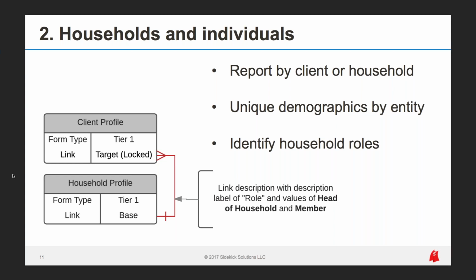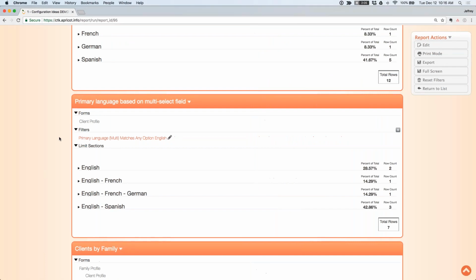And there's a few tips to keep in mind. When you're tracking separate profiles for households and individuals, you will need to use a linking field. And we also recommend using the link description. So you can use the description to identify a household member's role, like primary or member.